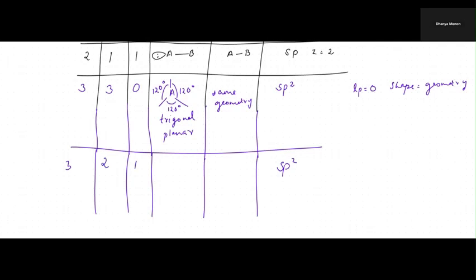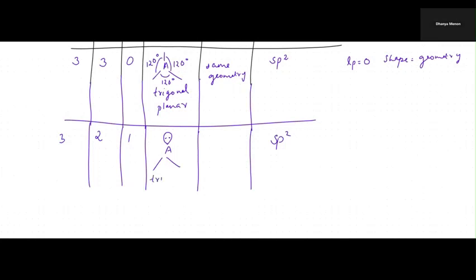So I have a lone pair here and 2 bond pairs. The geometry is the same, trigonal planar.